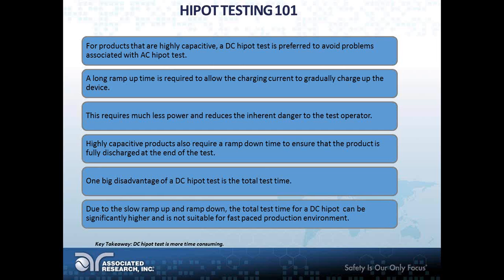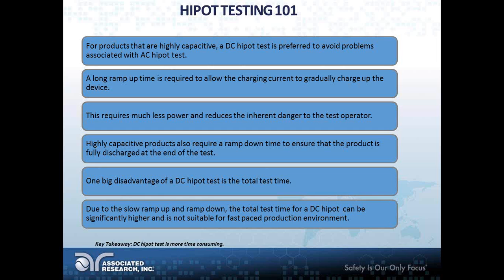With a DC Hipot test for a highly capacitive DUT, a long ramp-up time is required to allow the charging current to gradually charge up the device. This is another disadvantage of DC Hipot test, because it increases the total test time by a big margin.